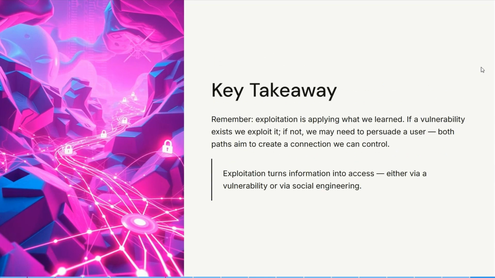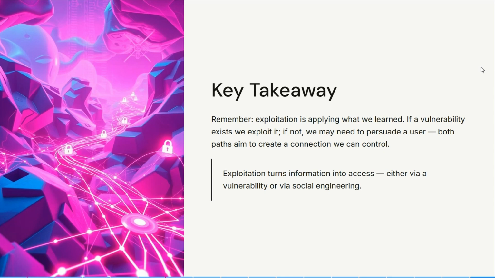The key takeaway from this video: remember, exploitation is applying what we learn. If a vulnerability exists, we exploit it. If not, we may need to persuade a user to enable us to carry out and deposit the payload themselves. Both paths aim to create a connection we can control.